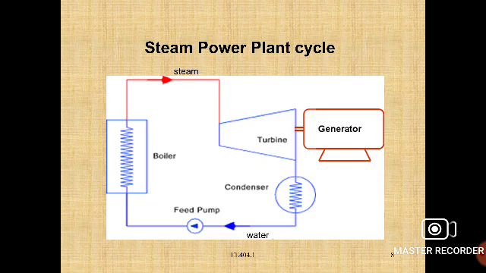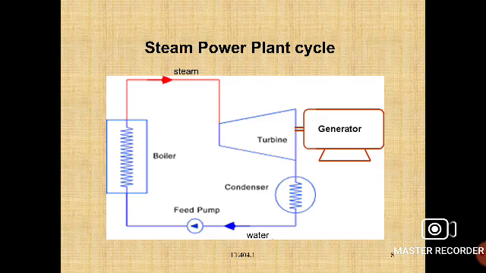The boiler produces steam, which is transferred to the turbine. The energy generated in the turbine with the help of steam is transferred to the generator, which gives the power generation. This is the cycle.